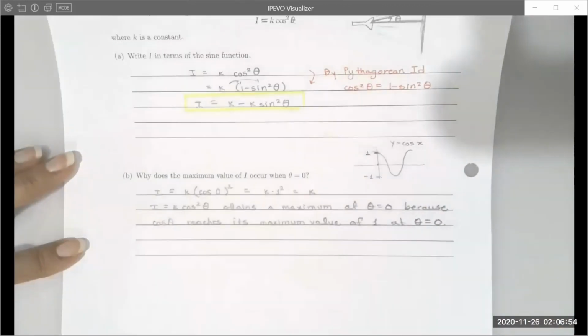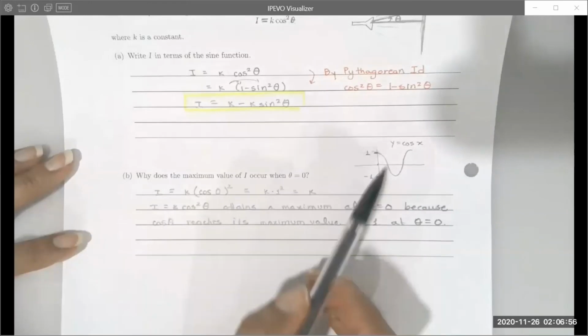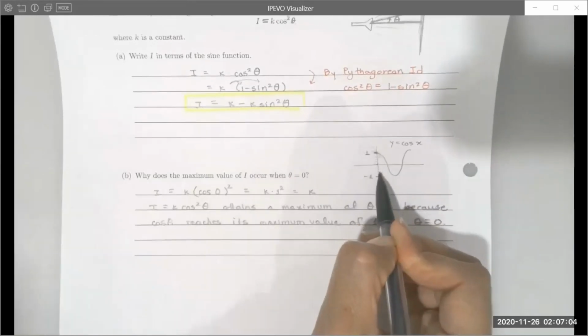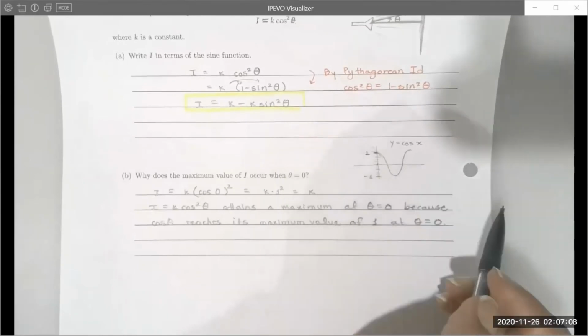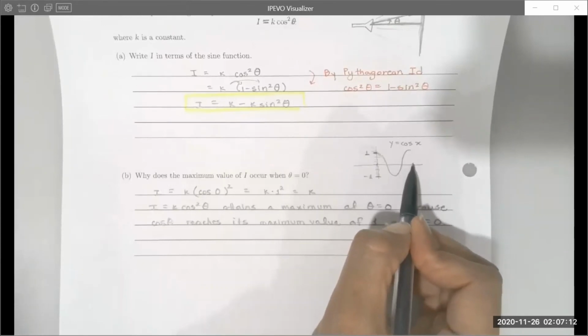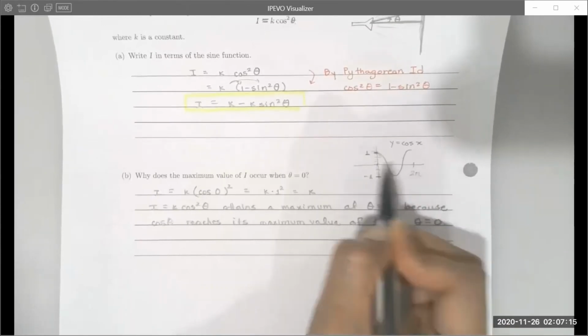For any other value of theta, the cosine of the angle is going to start decreasing to something that is less than 1, and then to 0, and then to something negative. It won't reach 1 until it's again at 2 pi radians.